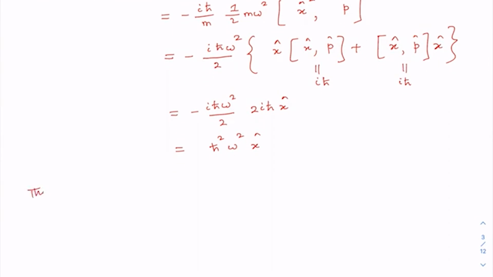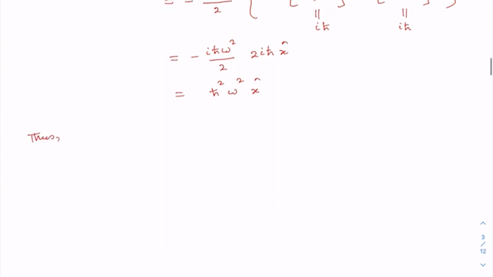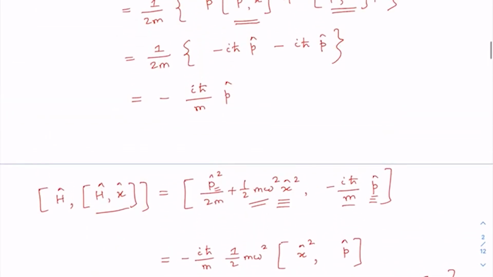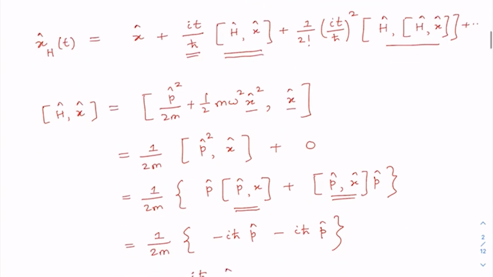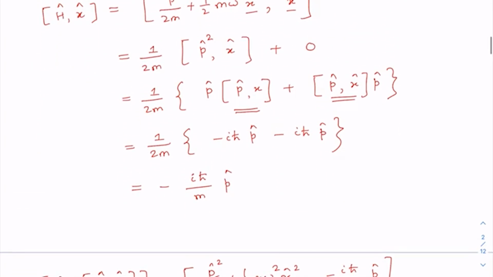So therefore I have this, if I put all the terms here, x_H of t, the Heisenberg operator x would be x cap plus 1 by m p t. Okay, I think because iħ is there, and H of x is equal to this guy.